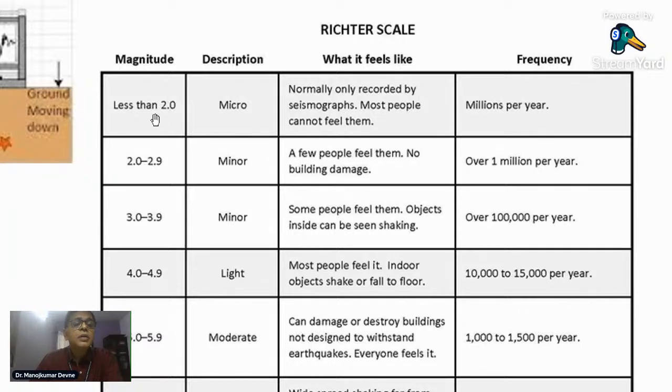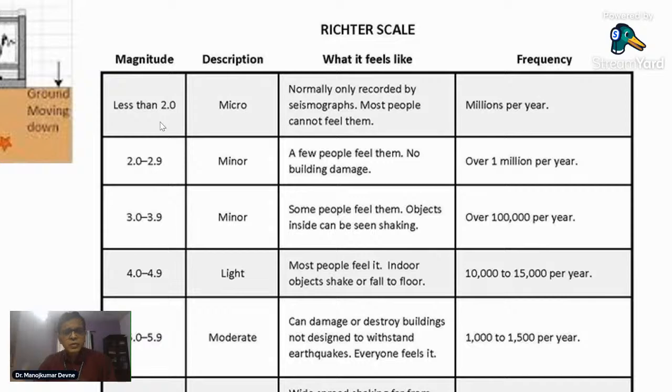You'll see that you hardly feel earthquakes which are micro and minor at first level. Only a few people feel them and there is no damage. Around millions happen with a magnitude of less than 2 on the Richter scale.